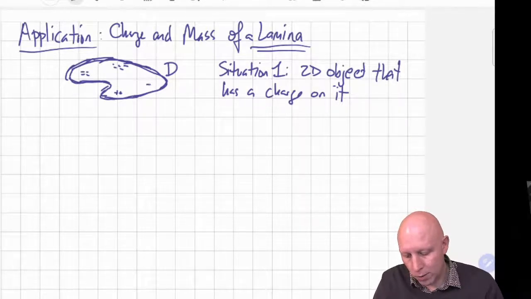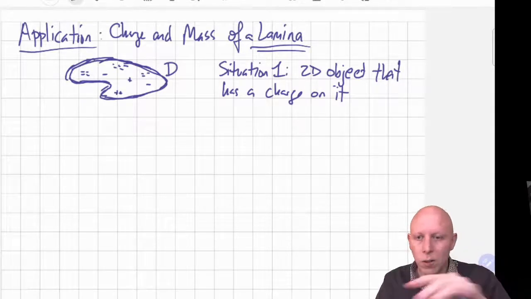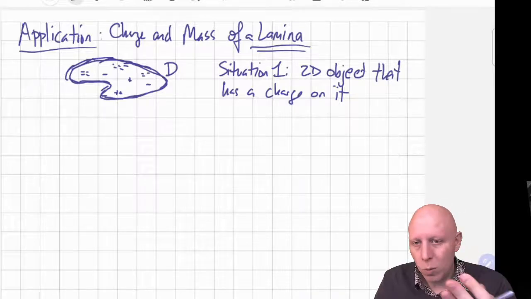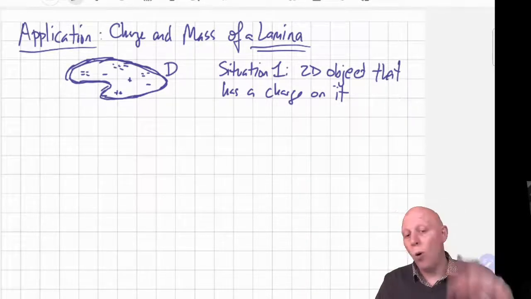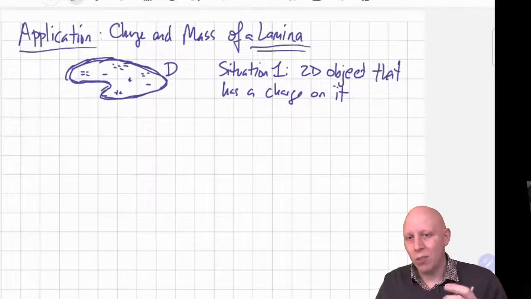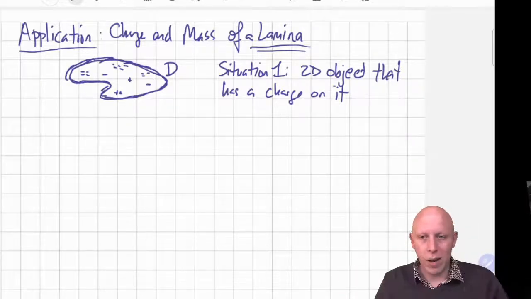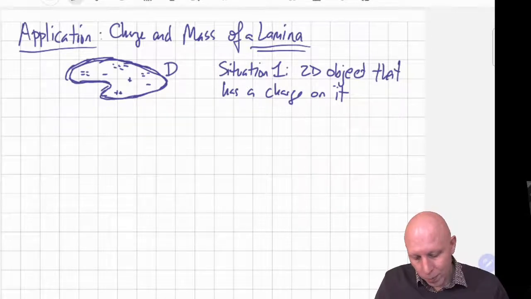Maybe there's some positively charged things, maybe some negatively charged things, but there's a different amount of charge on different parts of this lamina. Our goal is to figure out how much charge there is on the whole thing. If all of the pluses and minuses canceled out throughout and we spread them out, what would be the total charge on it?